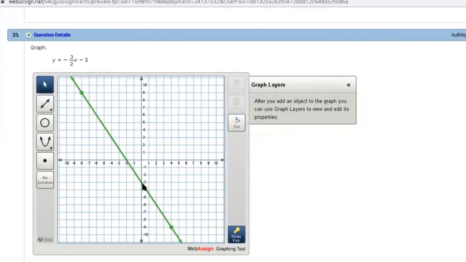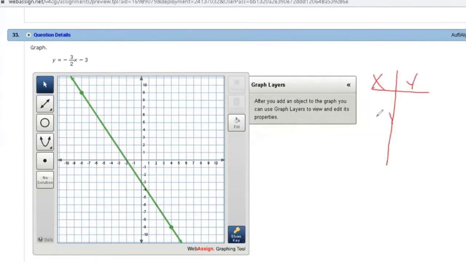If we look at the -3 here on the y-axis, that means that our y-intercept is -3. So the x and y intercept is a point on the x and y axis, okay?